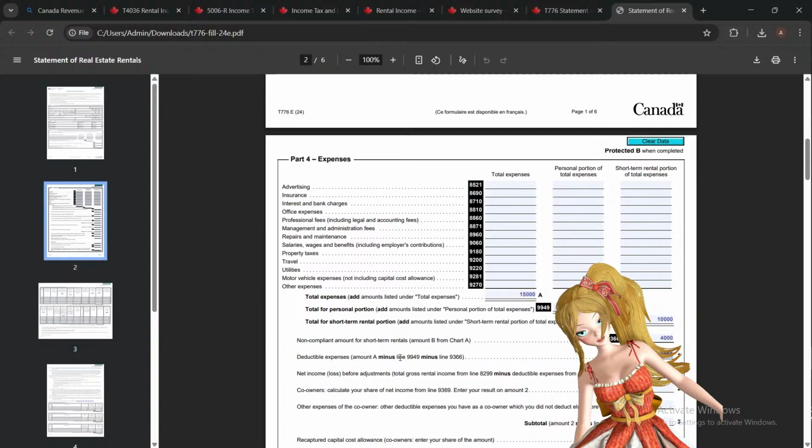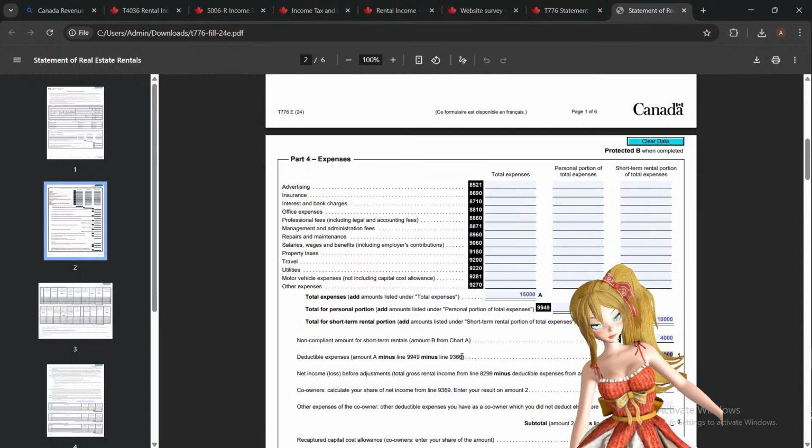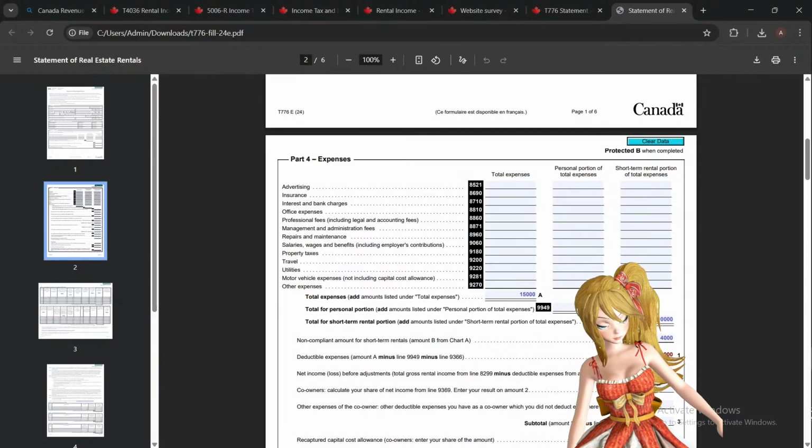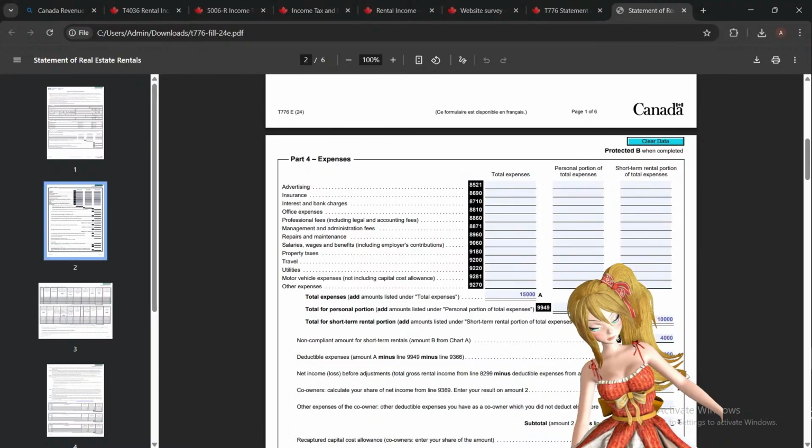Then the deductible expenses. This math is so wonky. So 15,000 minus 5,000 is 10,000 minus the amount they didn't pay. How much, 6,000?